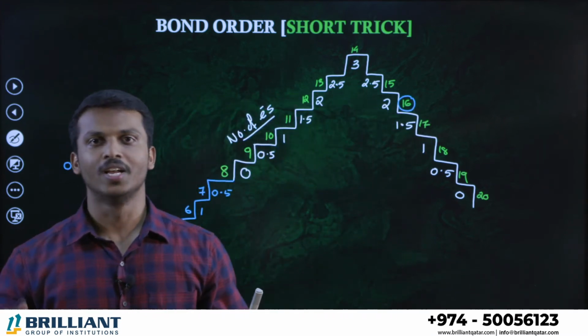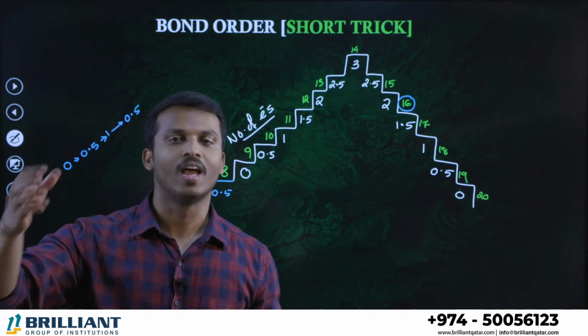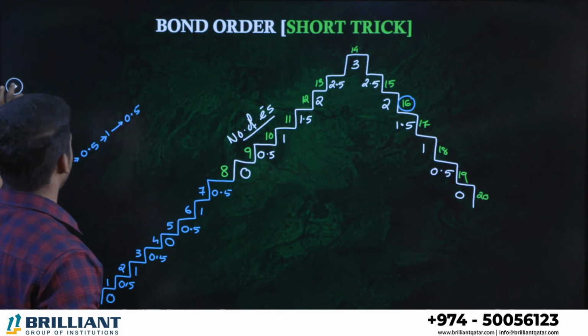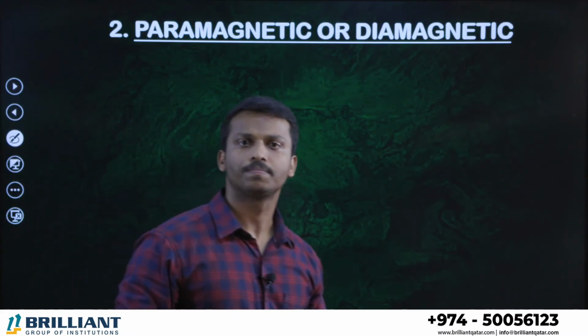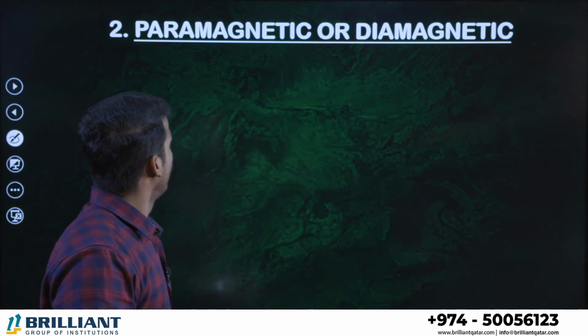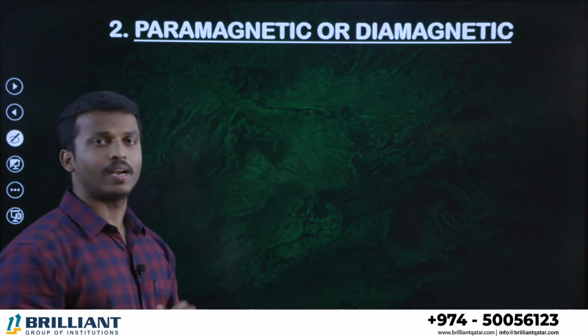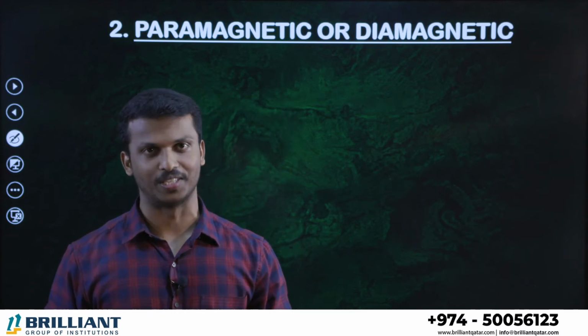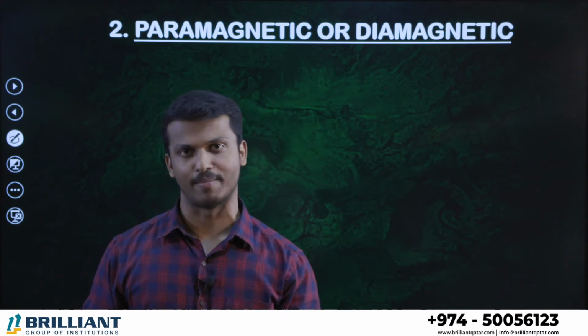No need to do the sigma 1s and all the molecular orbitals and the full equation. Not necessary. Okay, the next application of the molecular orbital theory: whether the compound is paramagnetic or diamagnetic. You can say about the magnetic property of a species, whether paramagnetic or diamagnetic.